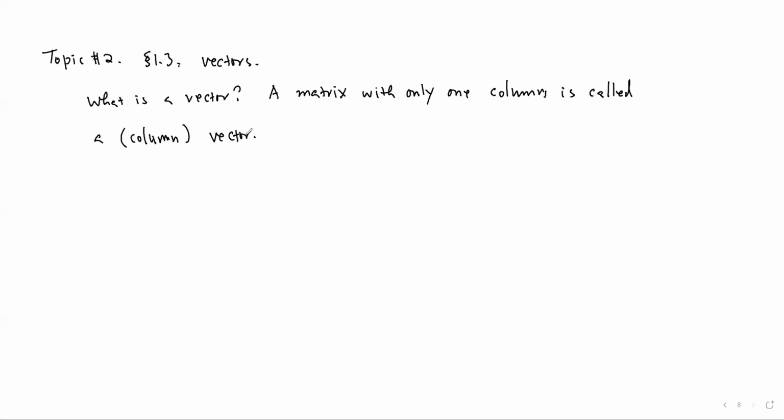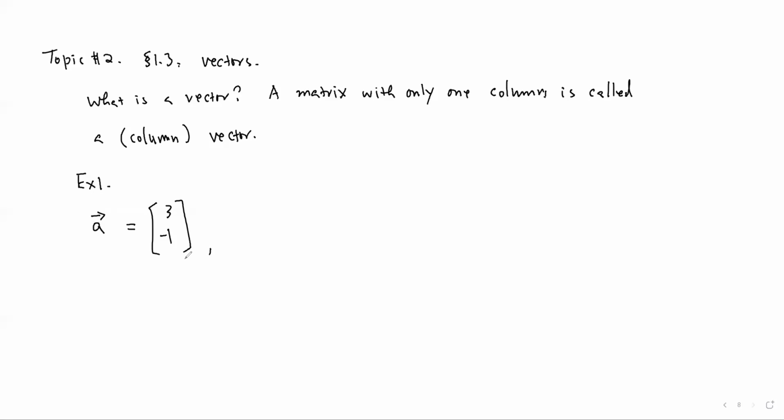For example, let me give you some examples. Example 1 under this topic. Say 3, -1. This is a 2 by 1 matrix, a matrix with only one column. It is a vector. Let me give a name to this vector. Say vector A, and I put an arrow on the top to denote this vector.